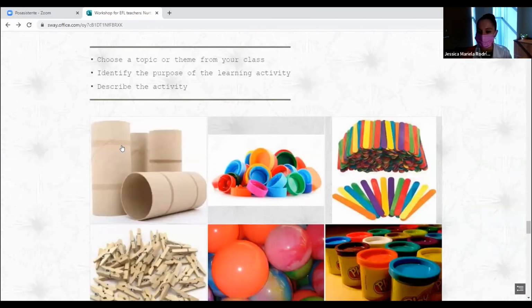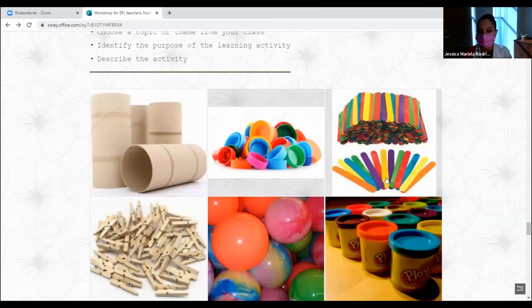So what you have to do is pick one, only one. Pick one material. You can pick the toilet paper tubes, or the plastic bottle caps, or the colorful wooden sticks, or the wooden clothespins, or the colorful plastic rubber balls, or the Play-Doh.